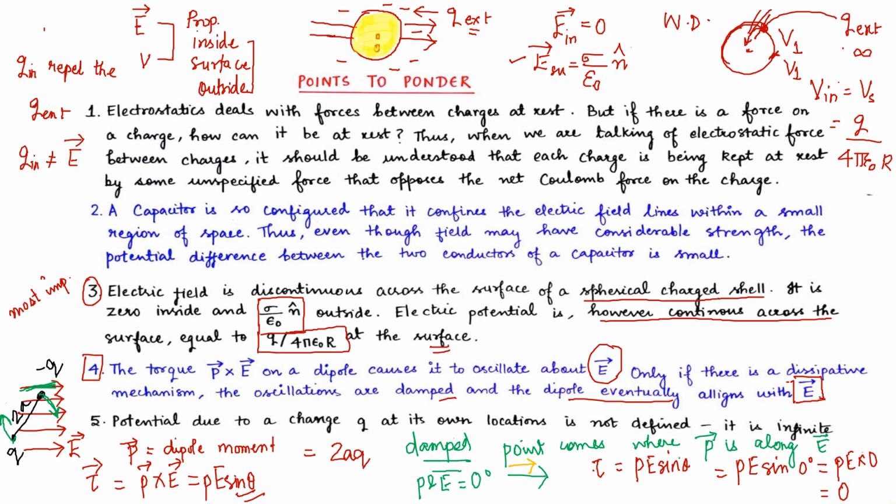So our torque becomes 0 and our dipole becomes stable. So here the concept of damped oscillation is used, and damping of oscillation happens when, in a proper interval, energy is released out of the system or converted into something else, maybe work or some other energy.